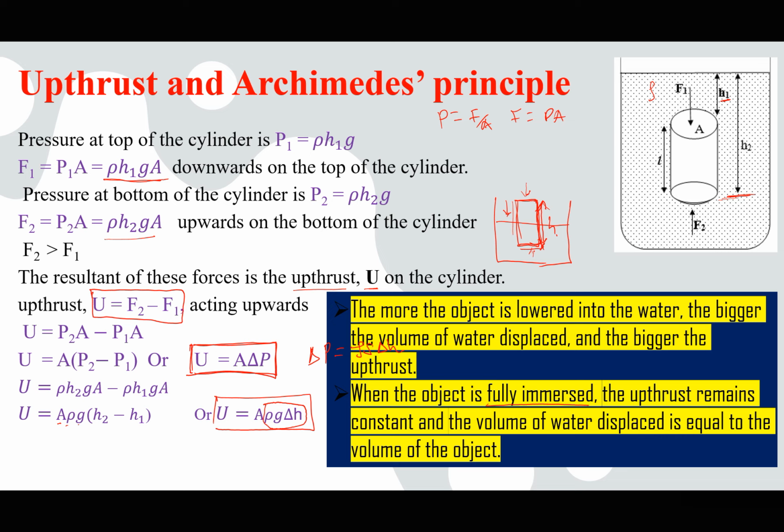So I am saying when the object is fully submerged, the upthrust remains constant. And the volume of the water displaced is going to be the same as the volume of the object itself.